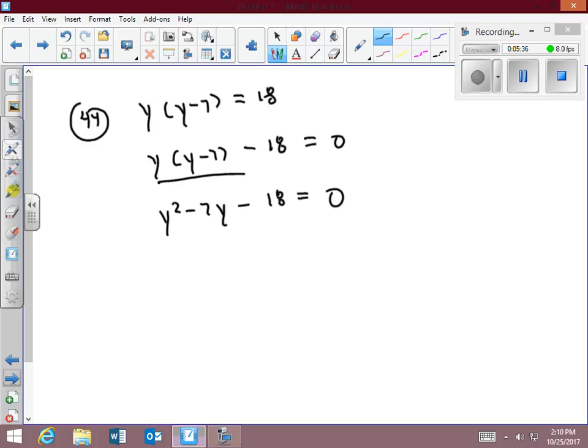So now what are you going to try? Factoring by trial and error over the integer on a pair of binomials, right? Remember to put equals 0 out here. Now what are you going to put in the first position of your binomials? Okay.